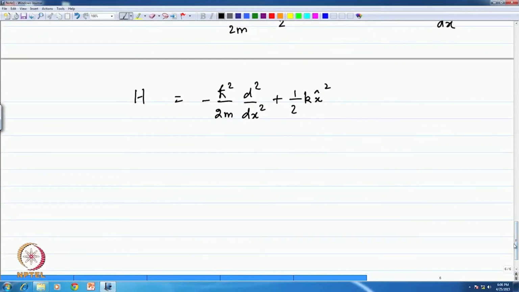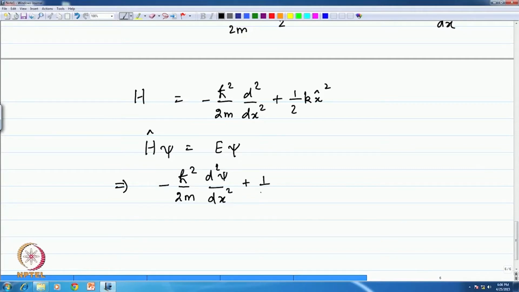Therefore, the solution that you have to obtain is the solution that H psi is equal to E psi, sorry, there is no cap on the psi, is the solution of the differential equation, namely minus h bar square by 2m d square psi by dx square plus half k x square psi minus E psi is equal to 0. So, second order linear differential equation.